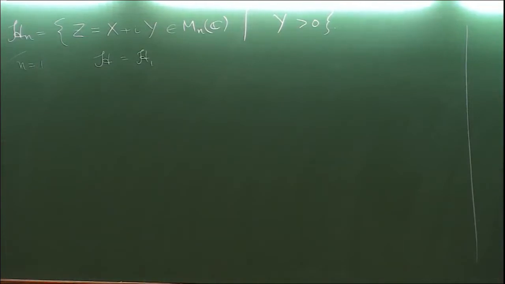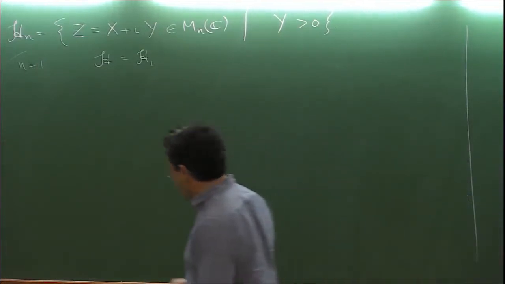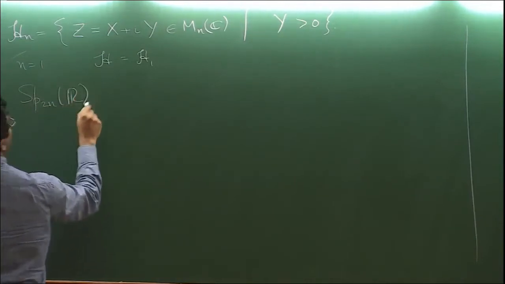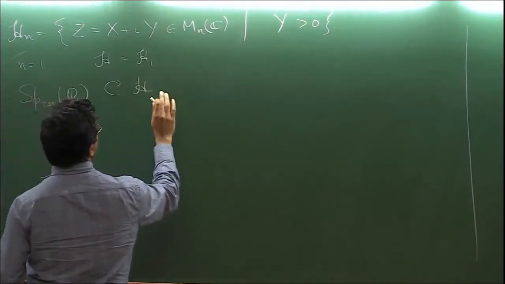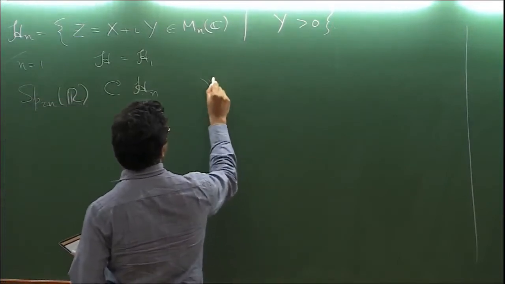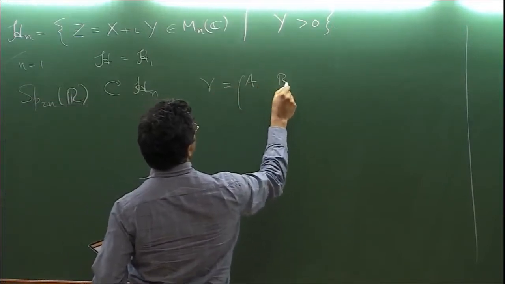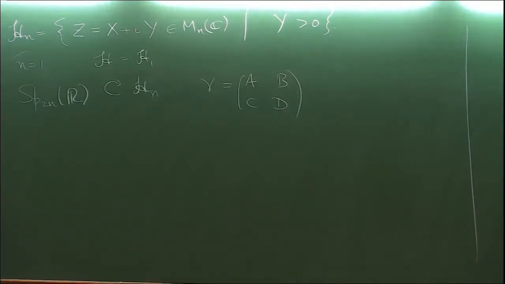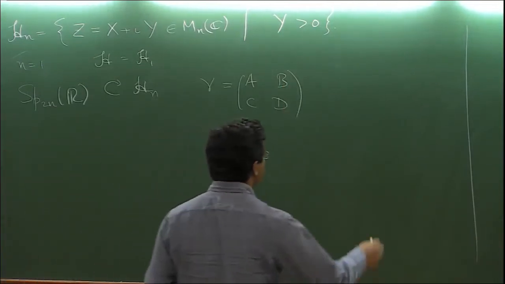Okay, so this is the Siegel upper half plane, and then Sp_2n(R) acts on the Siegel upper half plane as usual. So gamma, I can write it as (A B; C D), where each of these A, B, C, D is an n by n matrix.